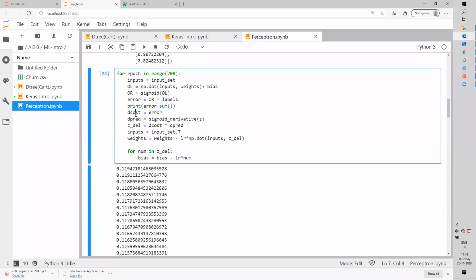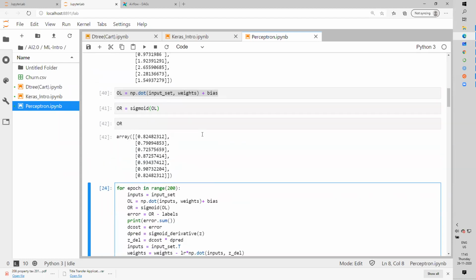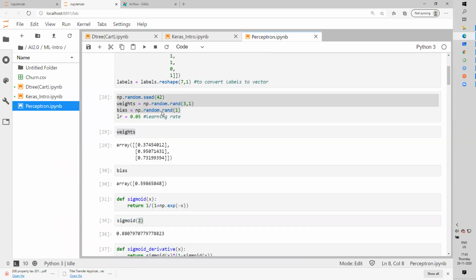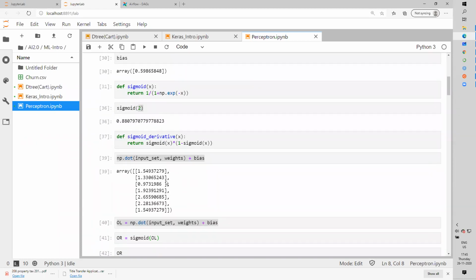Okay. D cost is equal to error. If we had squared it, we would have got 1 by 2 into something minus 1, but since we are not squaring this, we are calculating it as error itself. So this is your first derivative. For the second derivative, we have already defined this function, named sigmoid derivative.